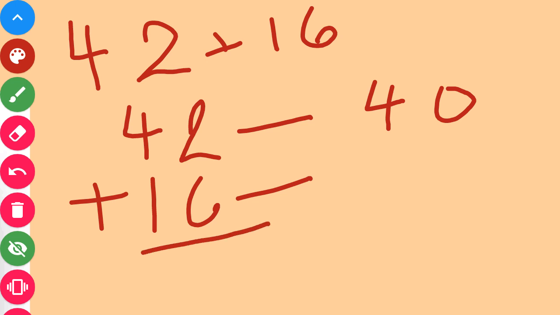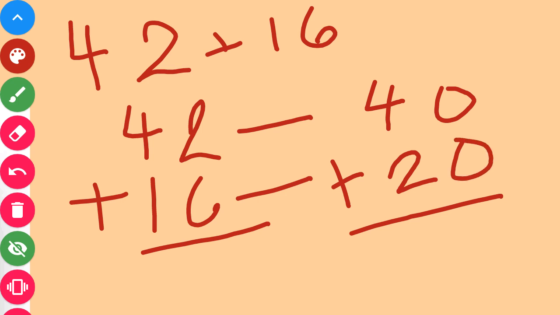And this 16, help me kids, will become 20. Now, let us add them. What will we get? 0 plus 0, 0 and 4 plus 2, 6. 60. Okay.